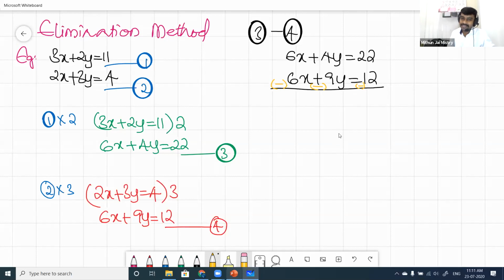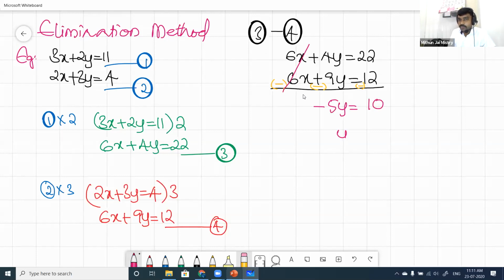I think you understood. Now here you can see this was plus 6x, but now it is minus 6x. So 6x minus 6x will get cancelled. Then we have 4 minus 9 is minus 5y is equal to 22 minus 12 is 10.